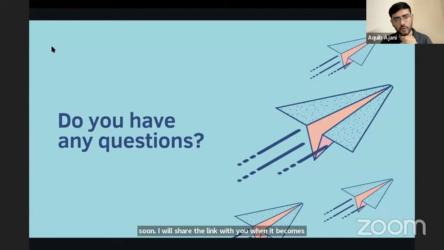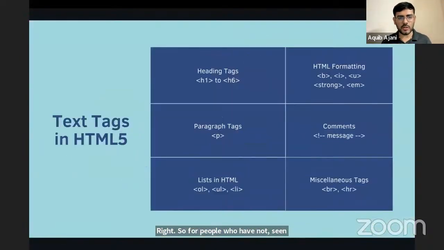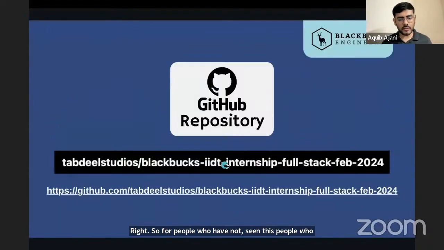And again, for all updates on the content and the sessions, please check the repository, right? So for people who have not seen this, people who joined late, I just shared this in the beginning of the session. I will just put this on the screen once again, right here. This is the GitHub repository for this particular course or this particular track.